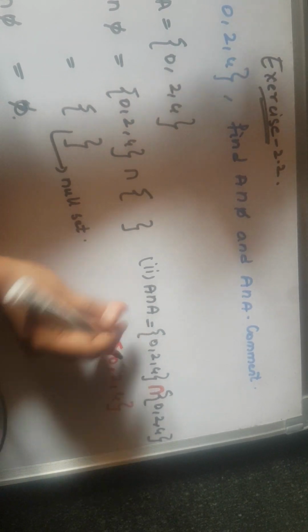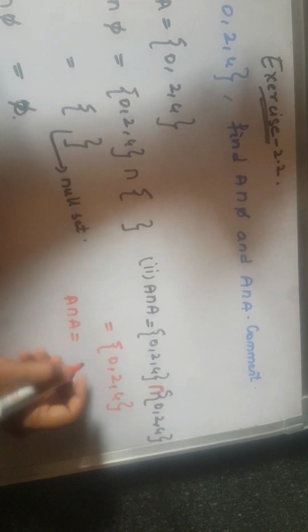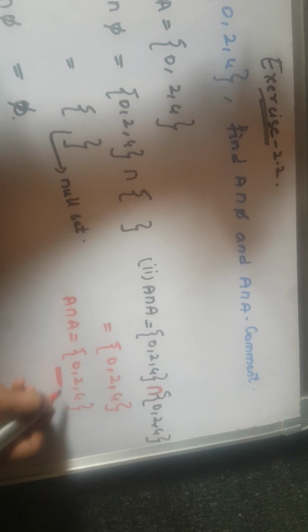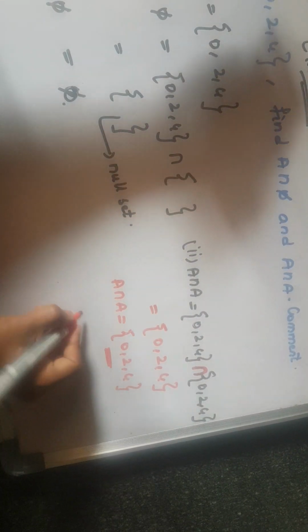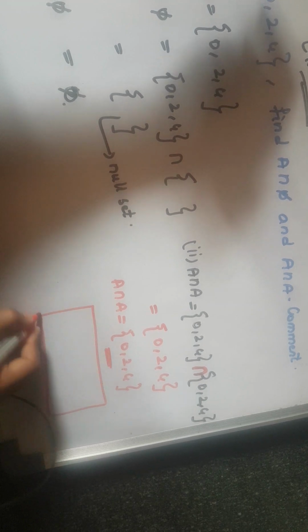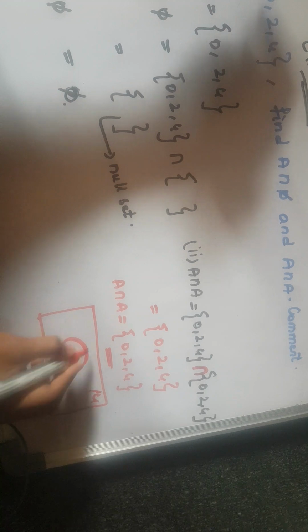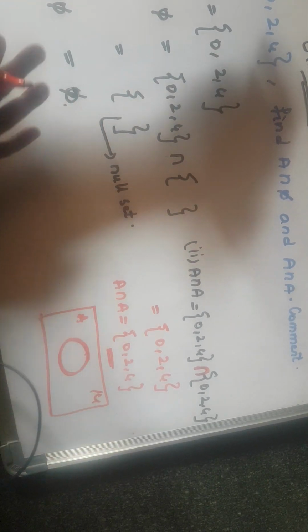When you do the intersection of the same values, what are the common elements present here? It will become 0, 2, 4. It can be represented in the diagram also. A intersection A means A only comes, so only set A will come.